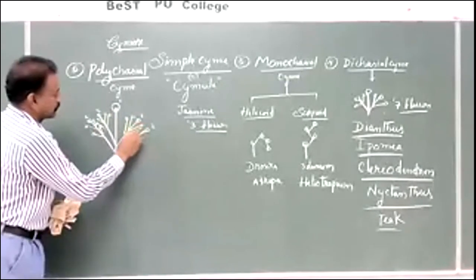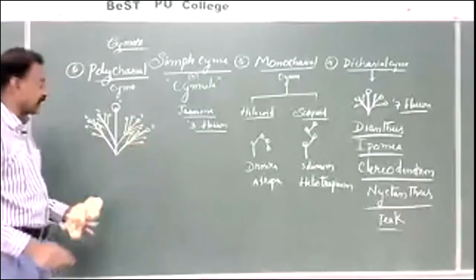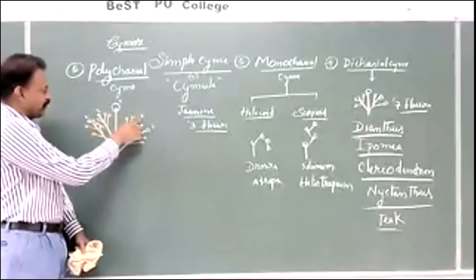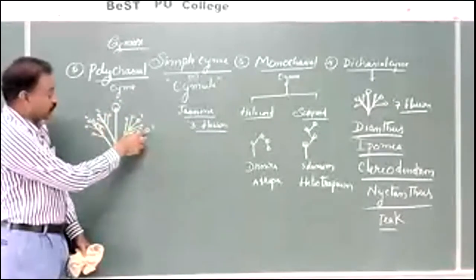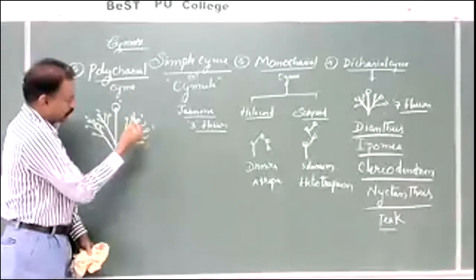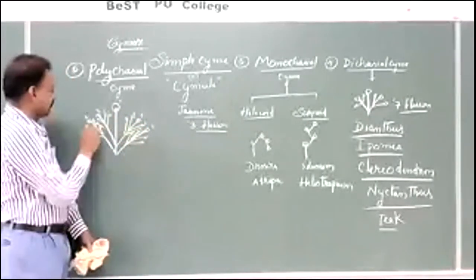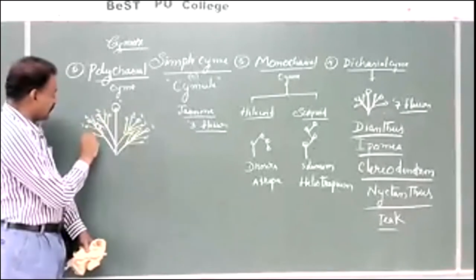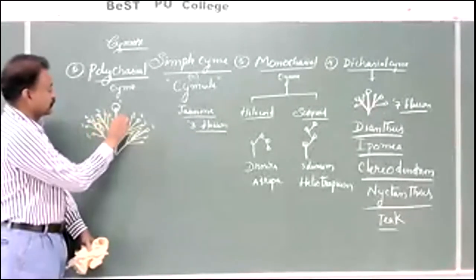So they will ask questions on numbering. The first branches are number 1, second branches are number 2, third branches are number 3, fourth are number 4.